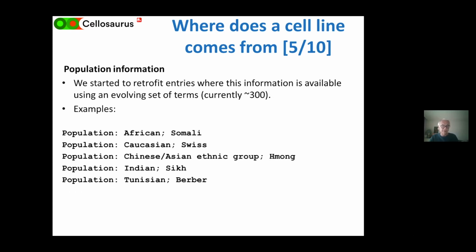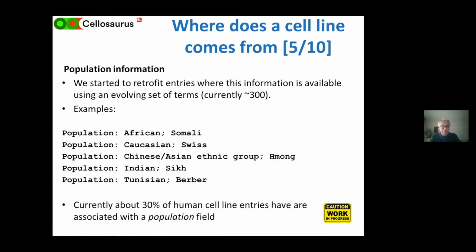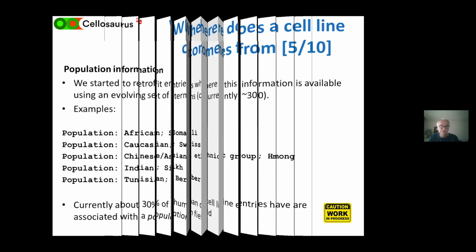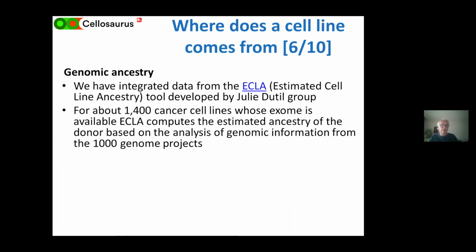Here you see some examples. And only 30% of human cell line entries are associated with a population field. So it's a work in progress. We'll never get to 100% because, of course, for a lot of cell lines this information is not available. But you have to know it's a work in progress.